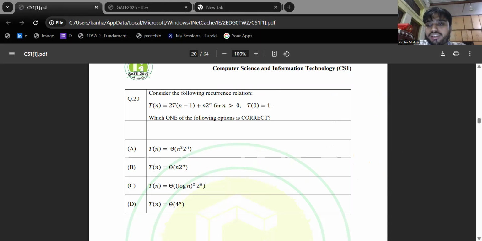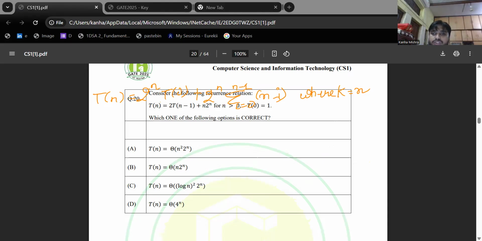So we can simplify that. If I take this and put it somewhere else, T(n) is equal to 2^n T(0) plus 2^n times the summation i equals 0 to n-1 of (n-i), where k is equal to n.